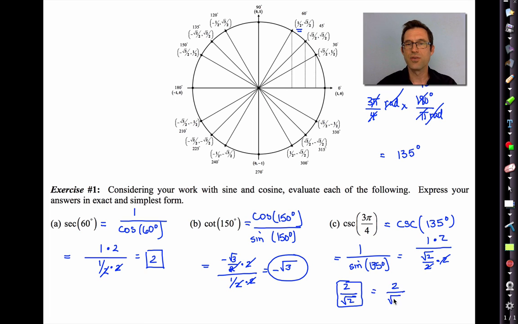Some ask you to do what's called rationalizing the denominator. In this case, that turns out kind of nice. If I multiply both top and bottom by root 2, we get 2 root 2 over 2. Root 2 times root 2 is 2, and then those 2's cancel. So this is a very nice way of stating the cosecant of 3 pi over 4, just as the square root of 2. But in my mind, either one of those is acceptable.